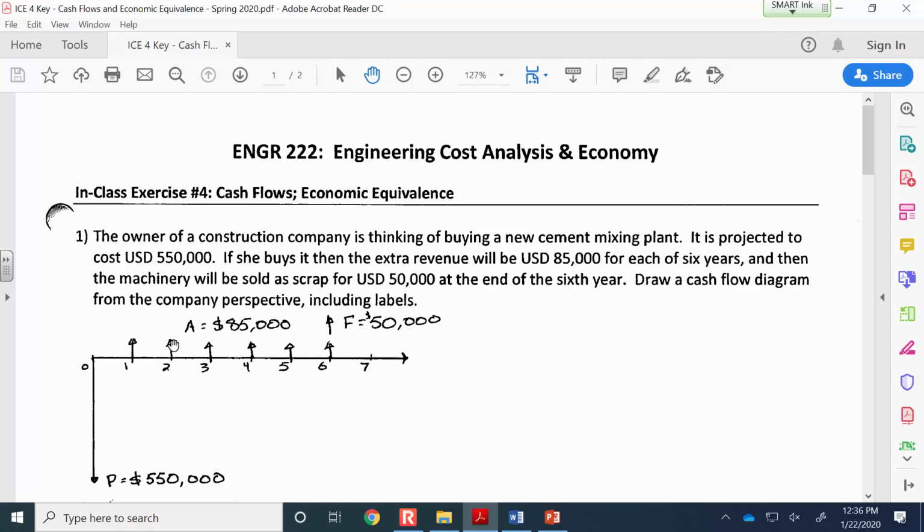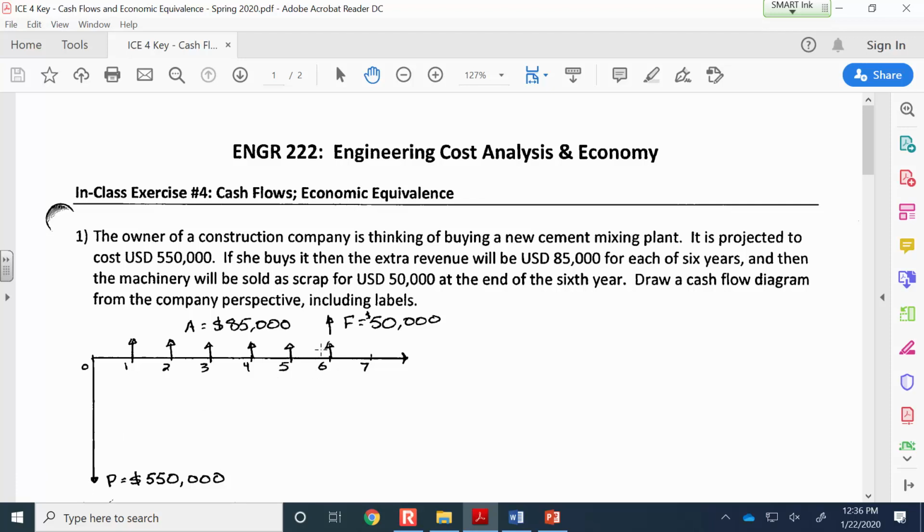And so 1, 2, 3, 4, 5, 6 times that you're getting this $85,000, so it's a uniform annual series. And then there's a single amount of $50,000 that you're getting for scrapping the equipment. That's a revenue to you because it's like the equipment you originally paid for, you're just getting rid of it, and it's kind of like a salvage value.